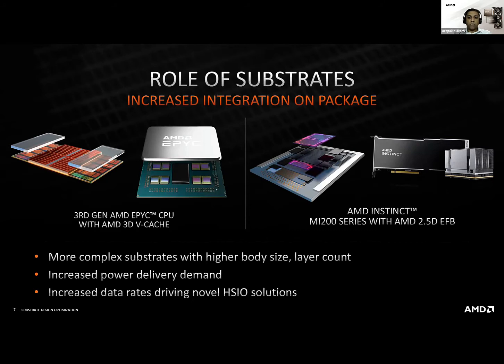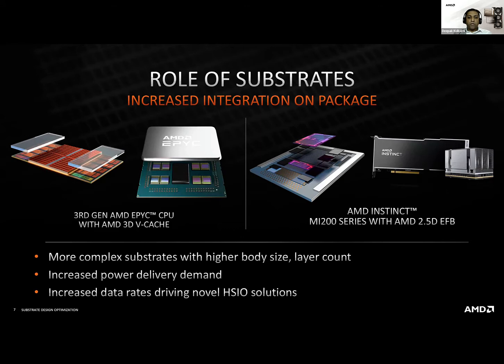In the past, package sizes were limited by the largest die that you could pattern and attach. Now that requirement no longer holds. With chiplets, you could have a die complex that far exceeds the reticle limit, and associated with that, you need additional layer count and body size to be able to connect it.